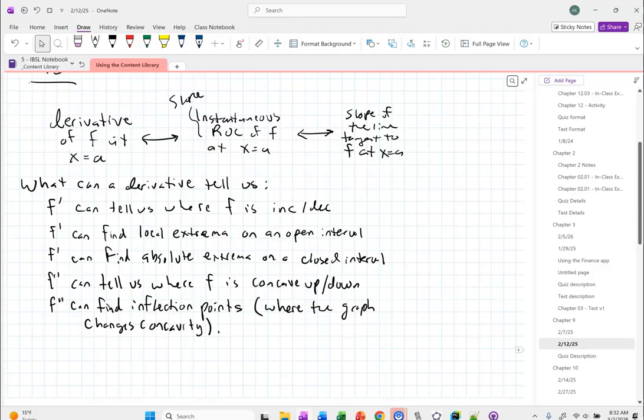This is now laying the foundation for a method to do that without a calculator. Now, on the IB exam, are you ever going to be without the calculator? No. You always have the calculator. Now, are they going to cook up questions in which the calculator is not going to allow you to shortcut your way through this? Yes. So you still need to be able to find these values algebraically.